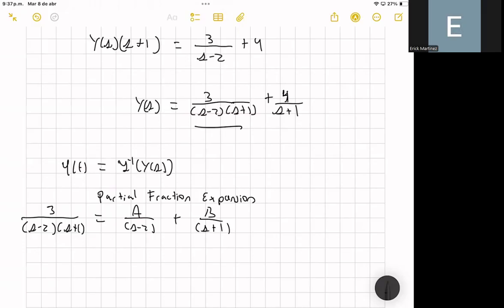You need to make algebra to get the value of a and b. So you need to define a system of equations in order to know what is the value of a and b that satisfy this relationship.